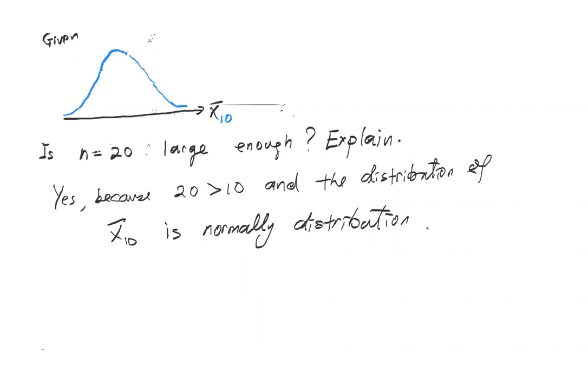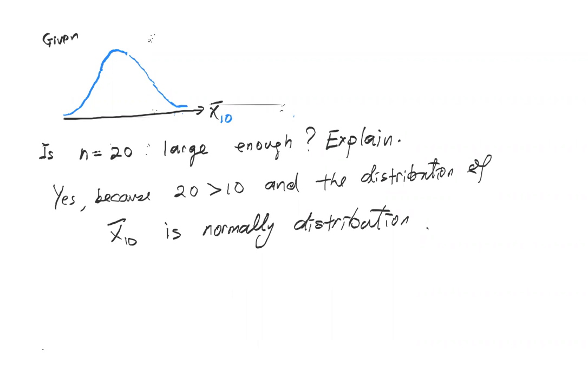Now I give you the information. I've given you the distribution of the sample mean of size 10. It's normally distributed already. If the size 10 will give you a sample mean distribution normally distributed, 20 will give you a better representation. So it should be normally distributed.